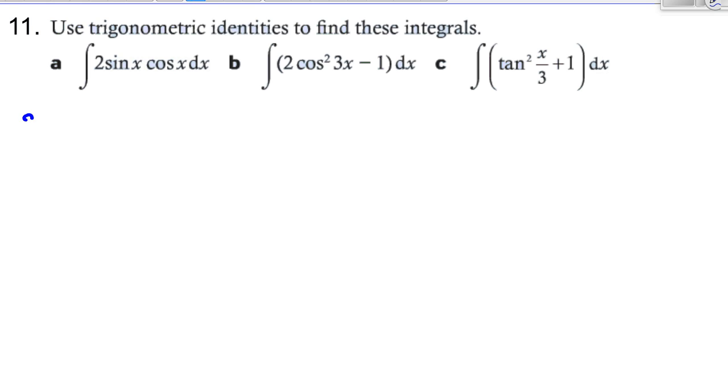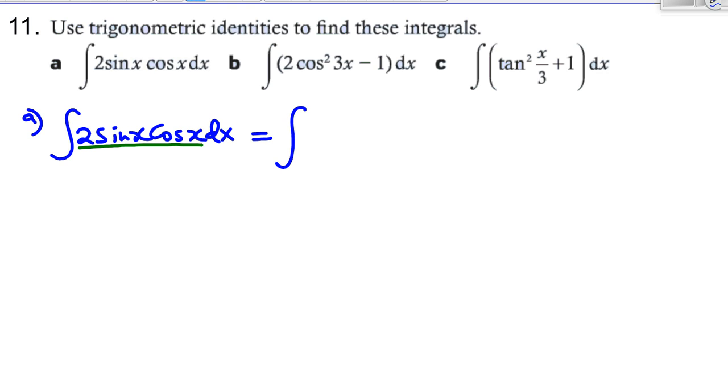Anyway, start with the first one, the integral of 2 sine x cos x dx. Now, from our knowledge in trigonometry, we know that 2 sine x cos x is the same as sine 2x.